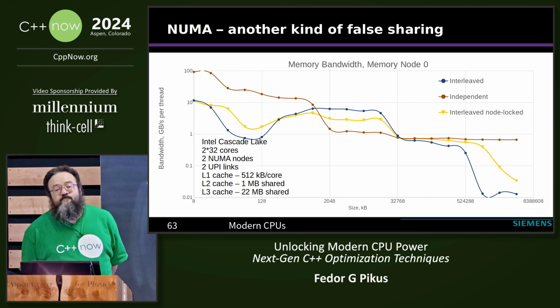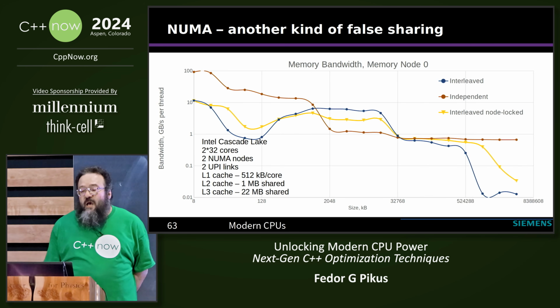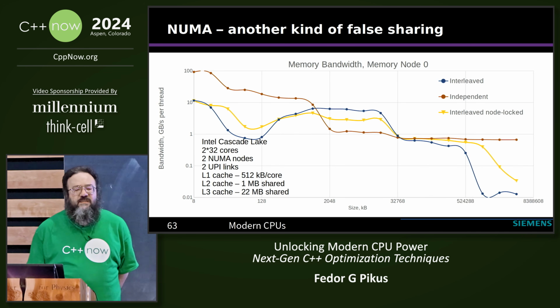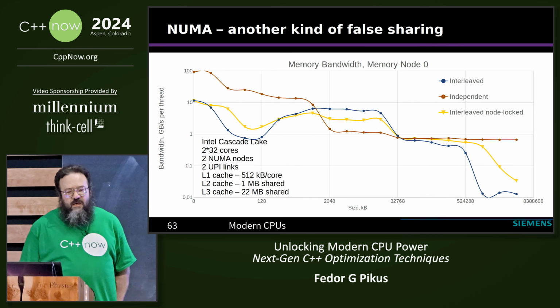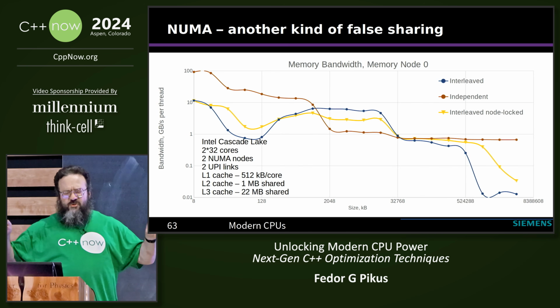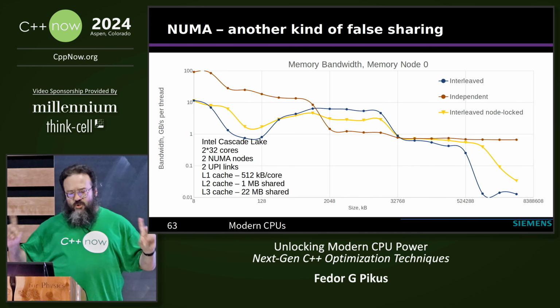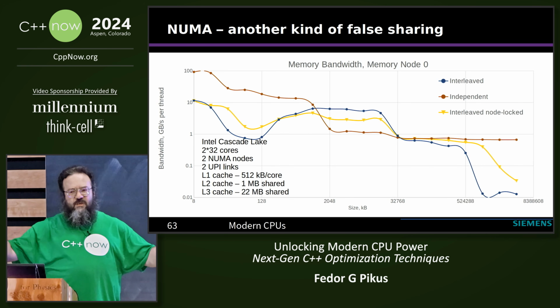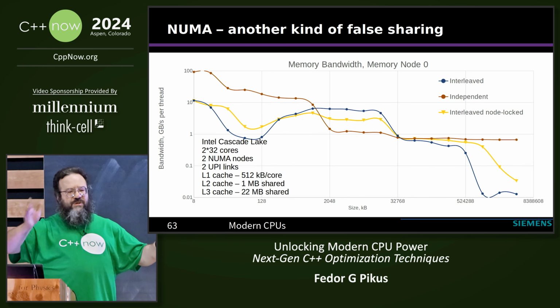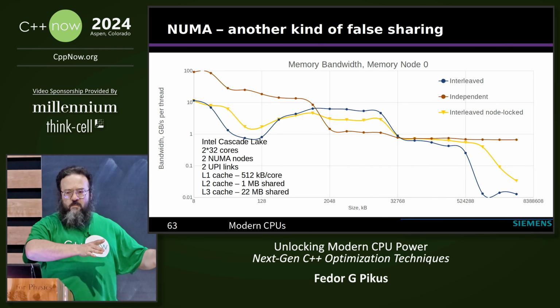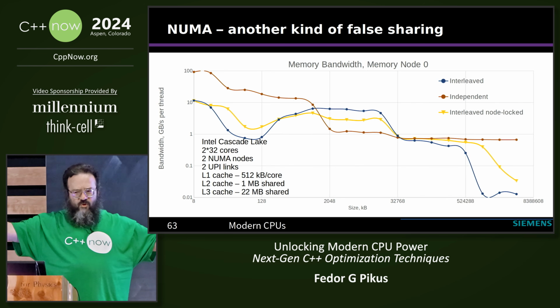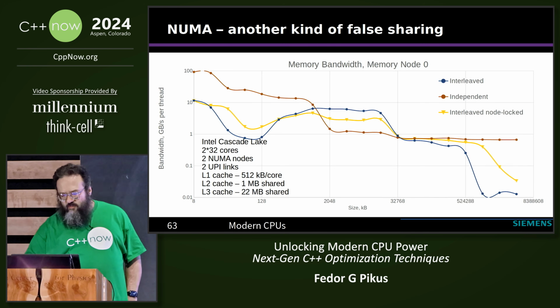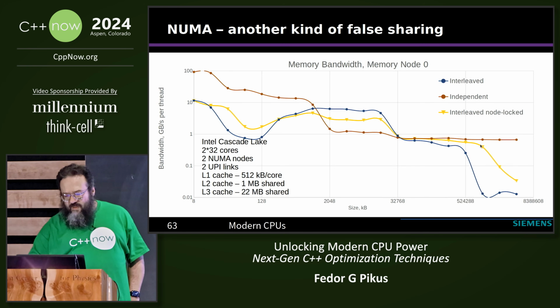It gets worse. I'm going to now lock all of the threads to a single NUMA node. I have 2 NUMA nodes, which means I'm basically using half of the CPUs on this machine for the same number of threads as I was doing on the full box. And I'm doing the same test for the interleaved memory access.